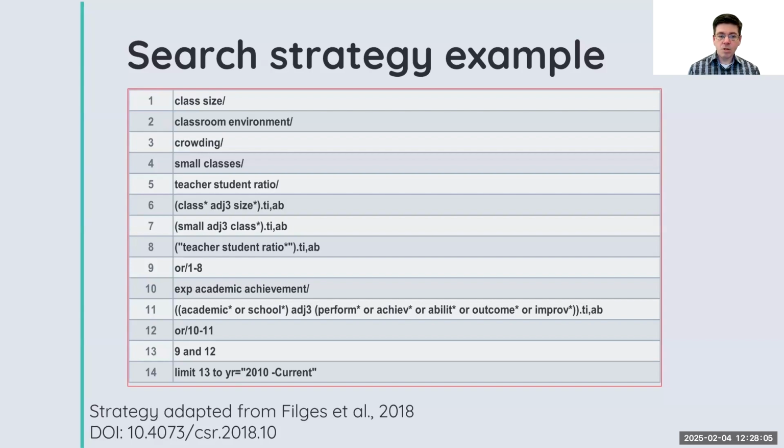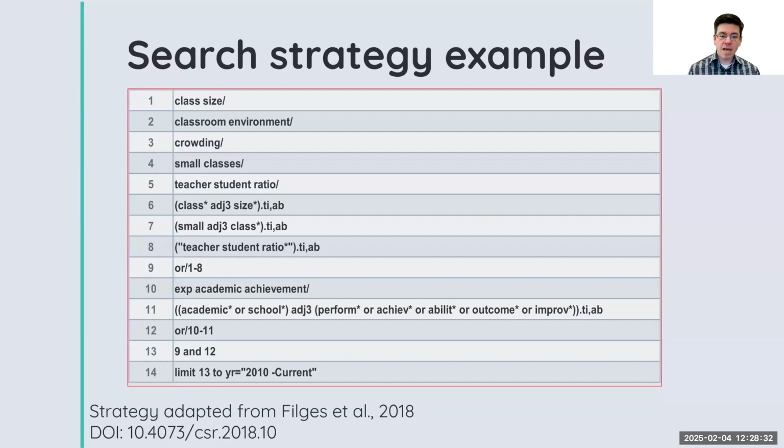Here there are 2 concepts that are being searched, and we can break those down by looking at the line numbers. So line 1 through 8, that all relates to class size. There's a lot going on on the screen. We'll start off with the first 5 lines. We'll notice a difference between those and lines 6, 7, and 8. So the first 5 lines have a slash at the end. This is the code. By the way, this is a search from the ERIC database on the Ovid platform.